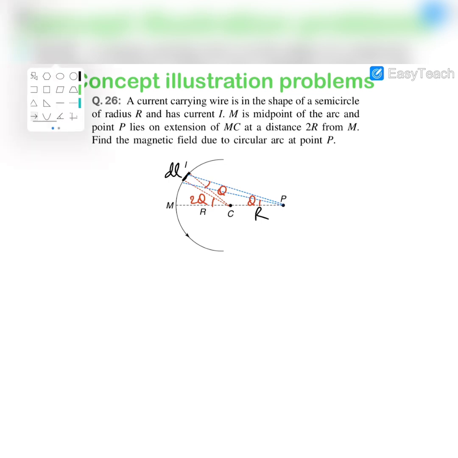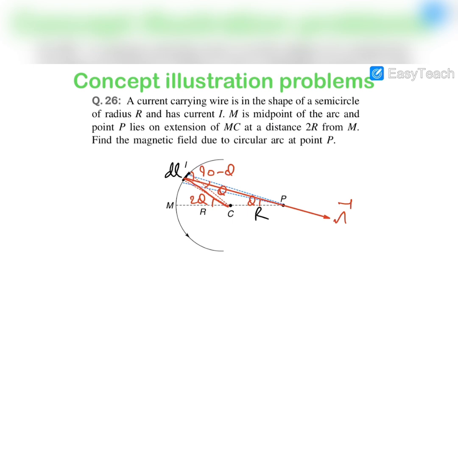Now the r vector will be like that. This is the r vector, and the angle between this r vector and this dl vector will be equal to 90 minus theta, because this angle is 90 and this angle is theta, so it would be 90 minus theta.